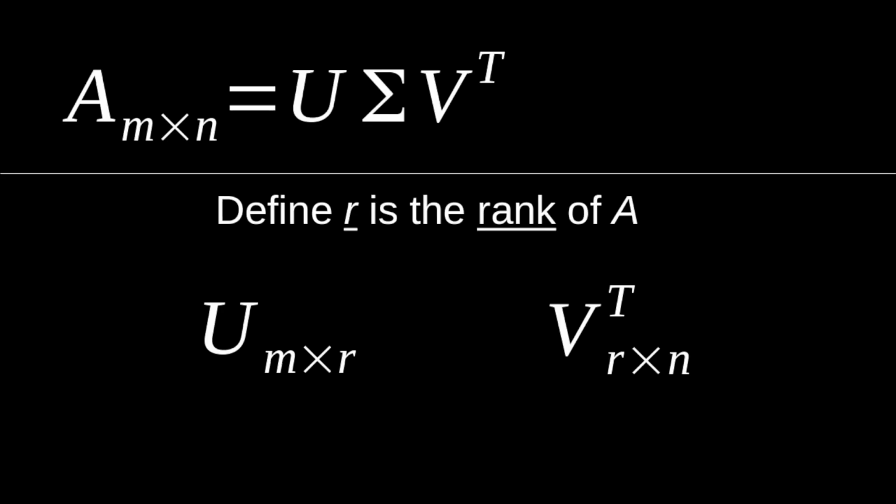Now, if we take a look at the one matrix I left out, this sigma matrix in the middle, this is the matrix that makes this matrix decomposition so particularly interesting and powerful.